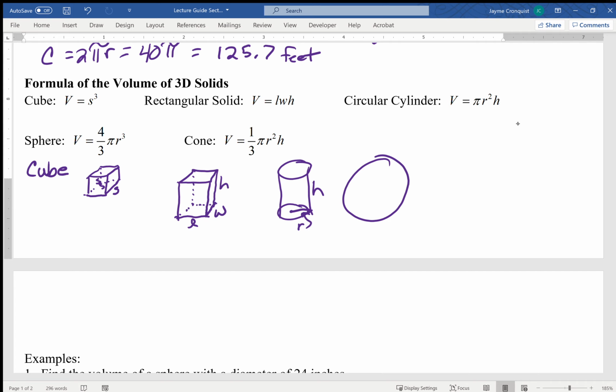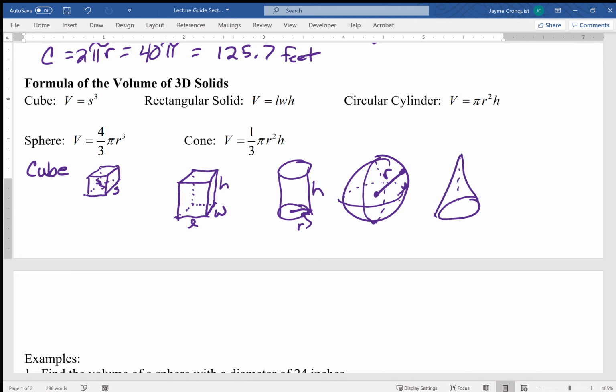So usually what we do is we go with dots here, and then we draw a straight line around along here. Like that. Okay, sphere. From the center of the sphere to the edge is a radius, 4/3 pi r cubed. All right, a cone has a circular base, but it comes to a point.